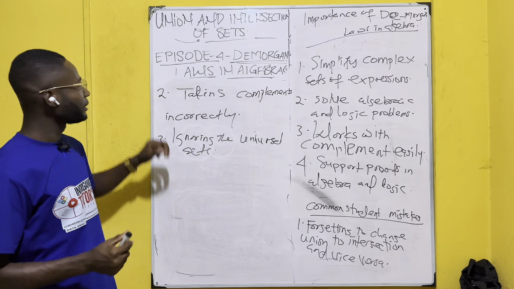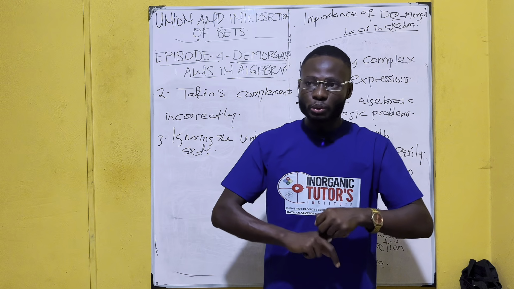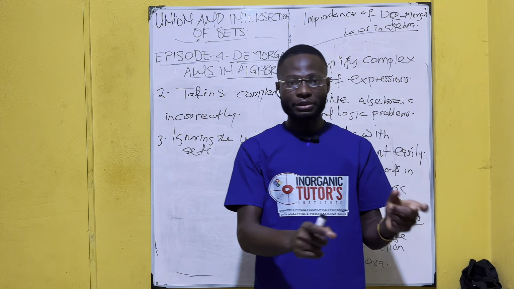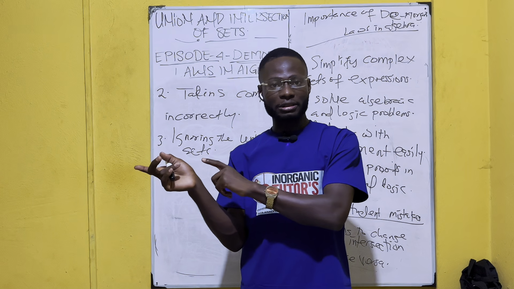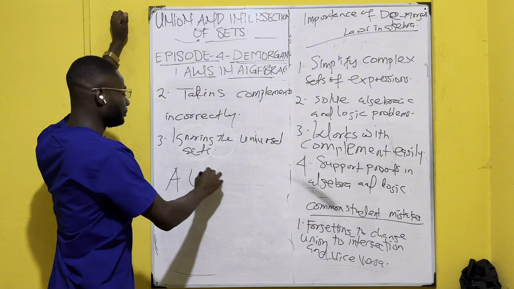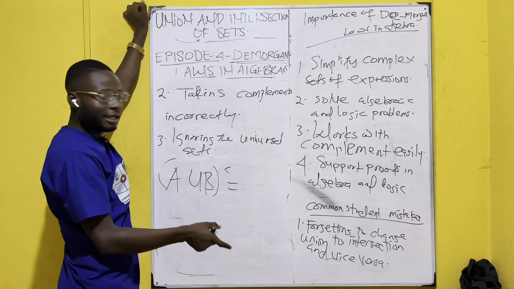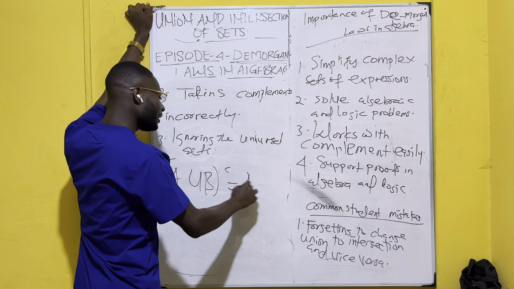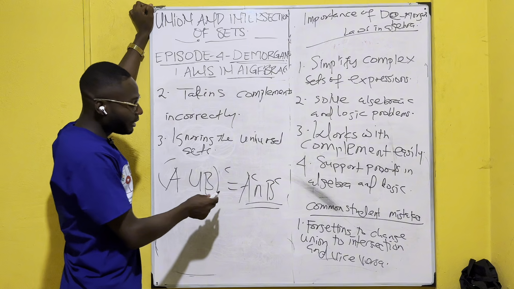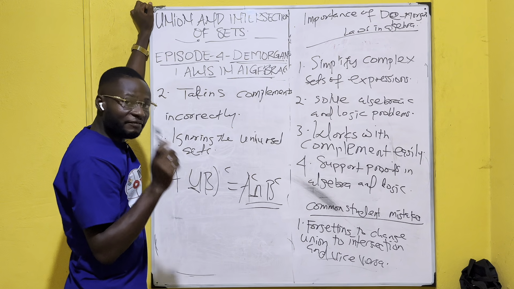So first of all, don't forget to change your union to intersection when you are doing the opposite. For instance, the first law, A union B all complement, when you are moving to the other side, it becomes intersection. Students normally forget to change the union to intersection, so don't be a victim.